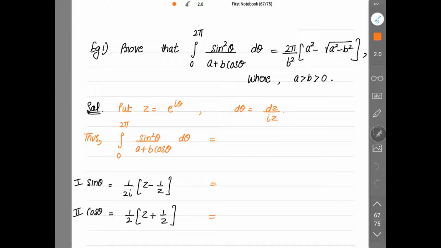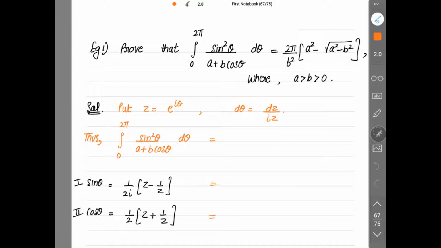Alright guys, so now you just have to put the z into the polar form. So put z equal to e to the power iota theta, and from here d theta is equal to dz over iota z.